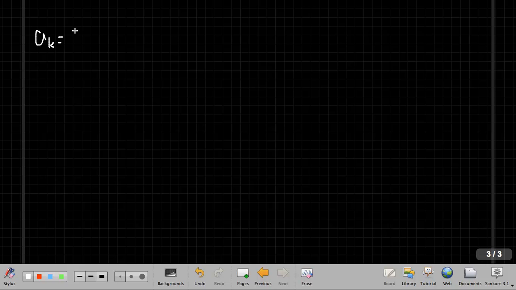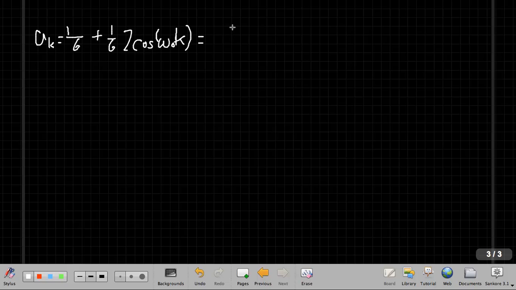I get 1/6 plus 1/6 times 2 cosine omega naught times k. Okay, and this is cosine of both of these. I should have them in parens.